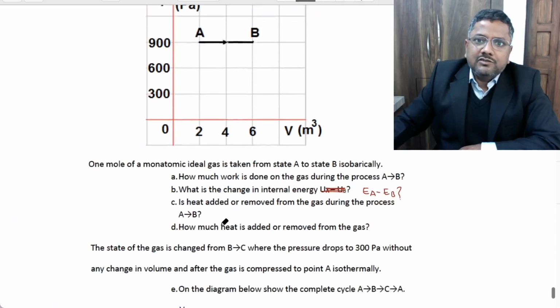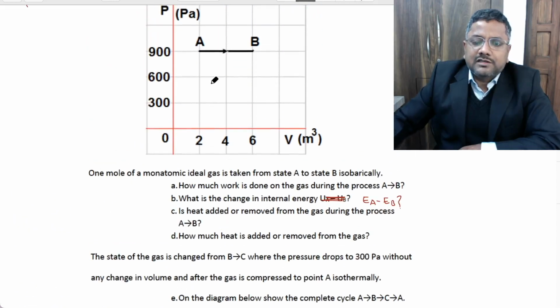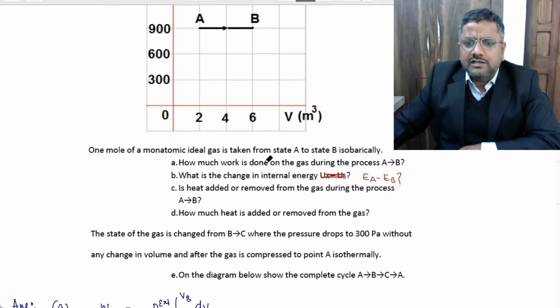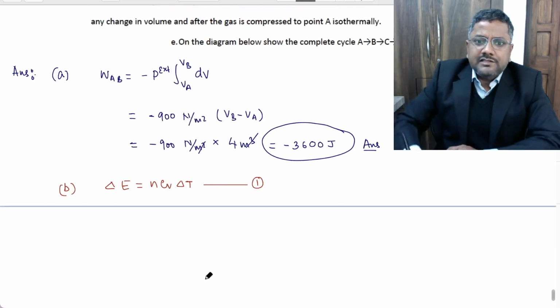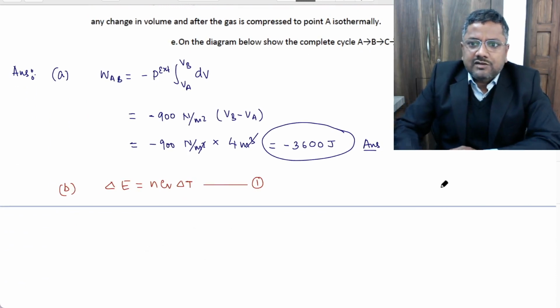But here you don't have the temperature, but we can evaluate it, no problem, because pressure is known, volume is known, number of moles, 1 mole is known, and monoatomic, more important, monoatomic is known. So we can use this formula nCv delta T. n is equal to 1 mole, it is given.